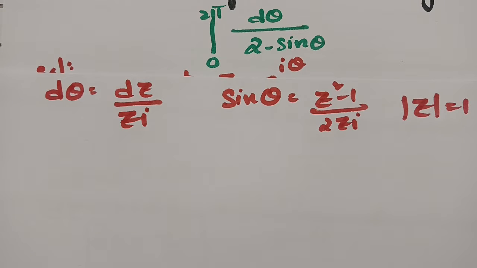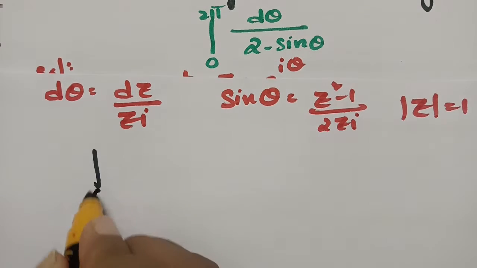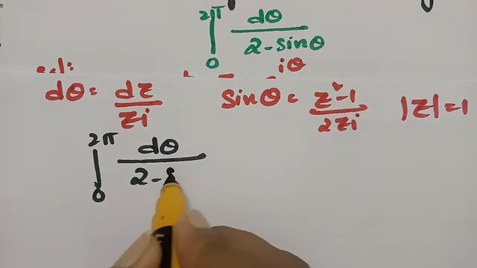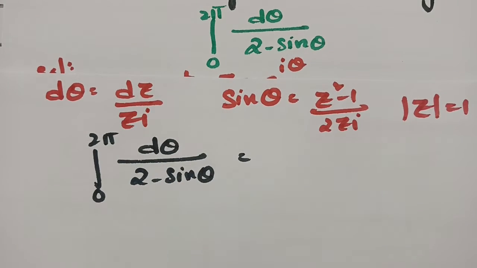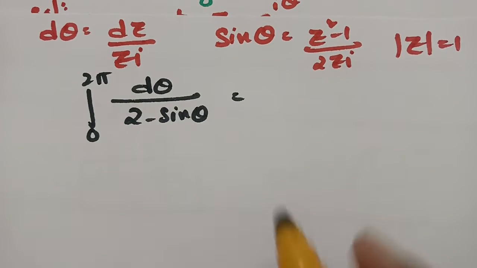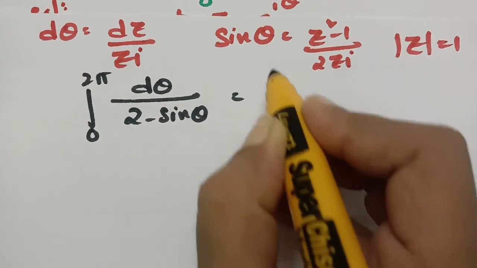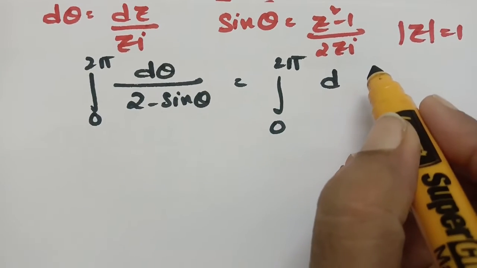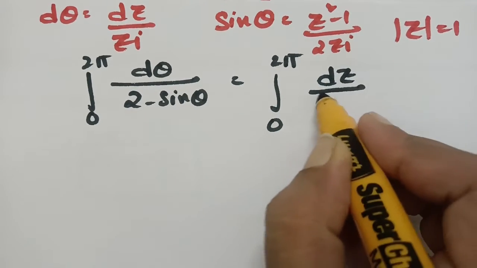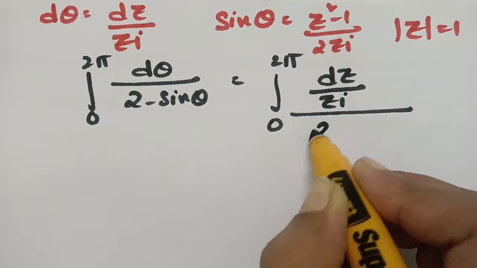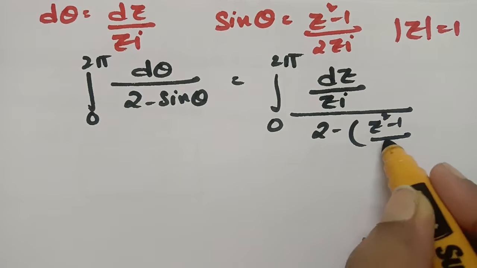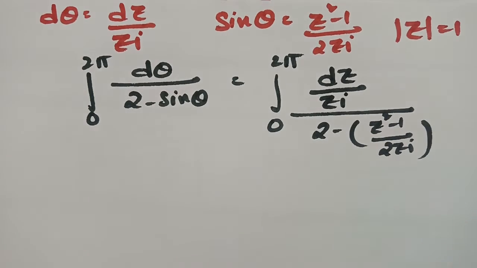Our integral is integral 0 to 2 pi d theta by 2 minus sine theta. Now if I substitute all the values, d theta is nothing but dz by zi, divided by 2 minus sine theta, which is z square minus 1 by 2zi.